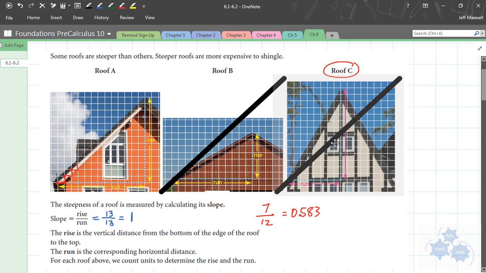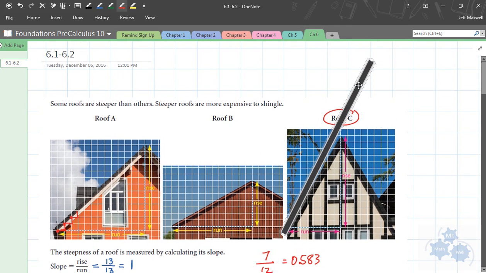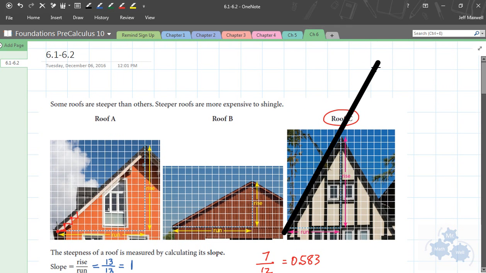But over here, not as steep. This roof right here, that roof right there, look at that. Steeper. Steeper. Got it?